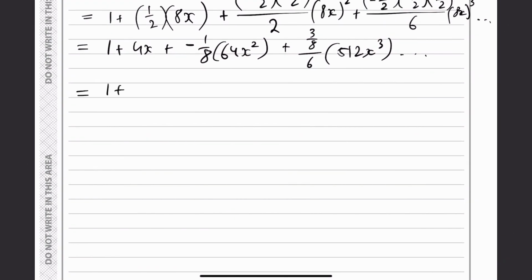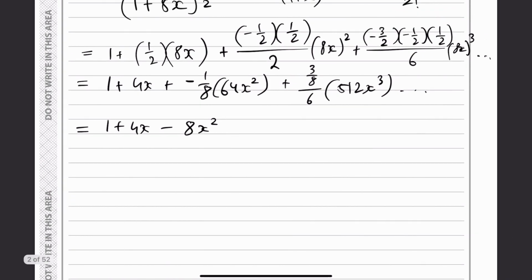So 1 plus 4x minus 8x squared, and then divide that by 6, so actually I can just use a calculator for this. So just put the entire thing into a calculator: minus 1.5 multiplied by minus 0.5 multiplied by 0.5 over 6 multiplied by 8 cubed. That should give me my x cubed coefficient, which comes out to 32x cubed. Okay, that was pretty easy, hopefully.